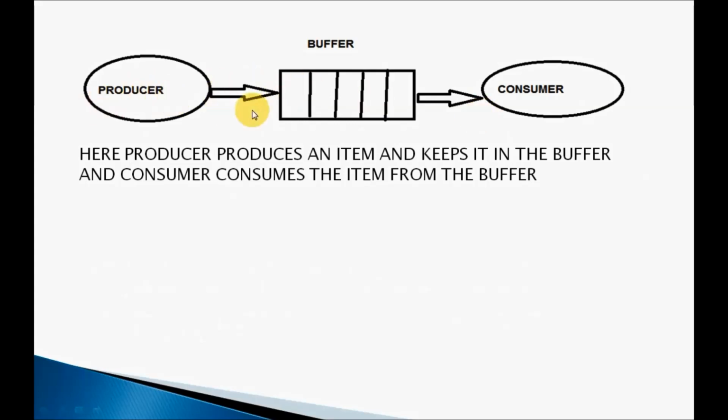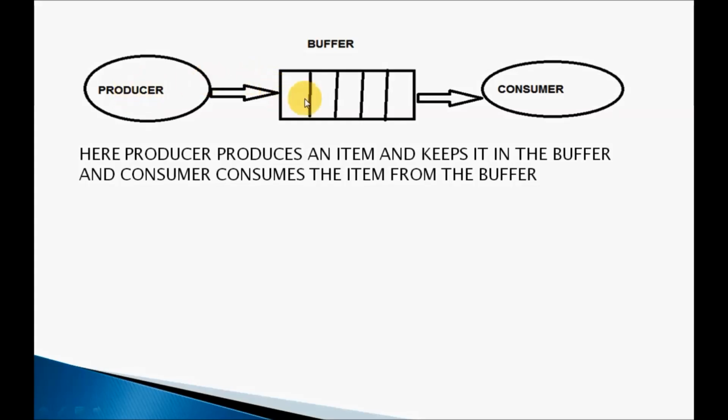The producer can access the buffer, and the consumer can also access the buffer. The producer produces an item and keeps it in the buffer. The consumer will consume the item from the buffer.